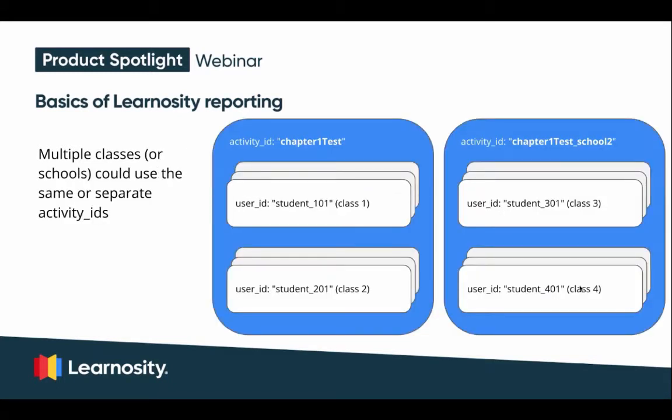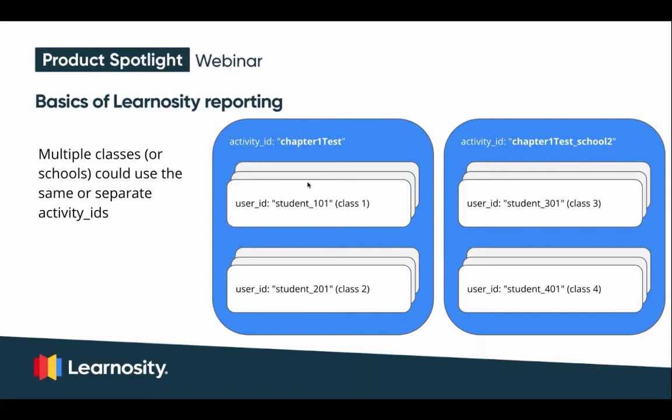If you have multiple classes taking the same learning activity, that same 10 question chapter 1 test, then it's up to you how you want to allocate your activity IDs across your different classes or different schools. So multiple classes could use the same activity ID.